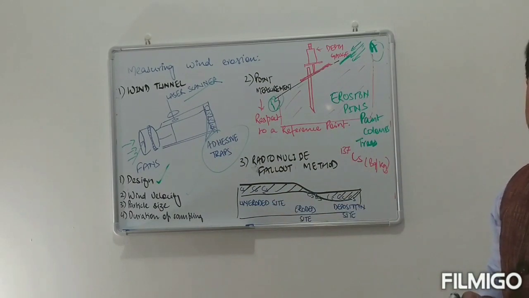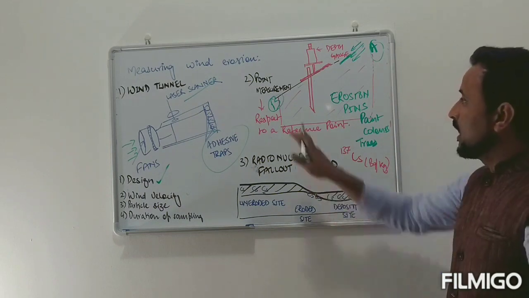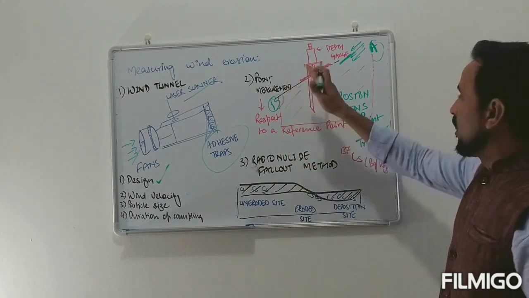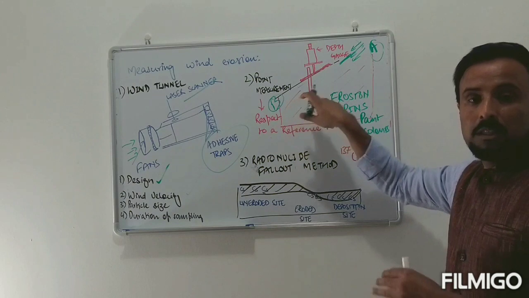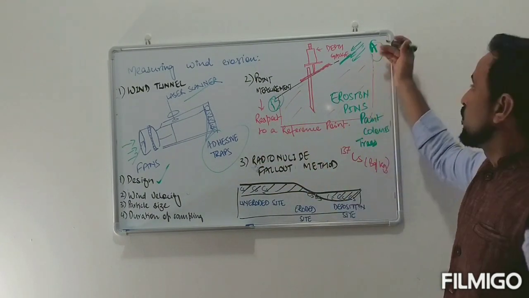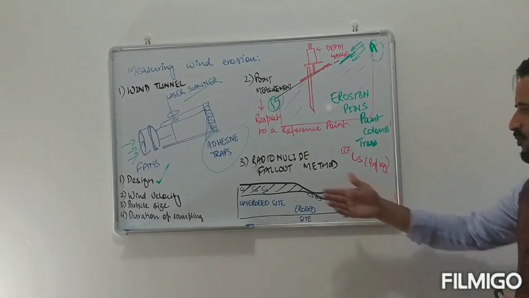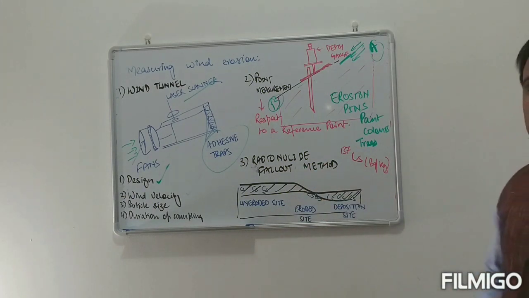So paint colors, erosion pins, and trees are used as point measurement methods, and there is a reference point taken. With respect to the reference point, these erosion pins work and give you an idea of how much soil is moving from point A to point B over time. The third and less used method is the radionuclide fallout method.